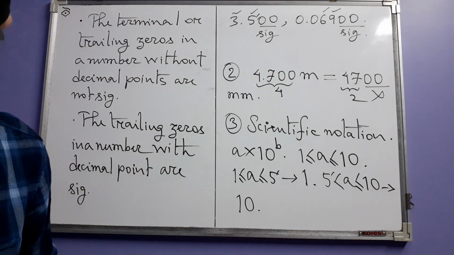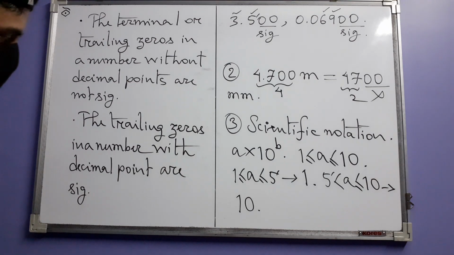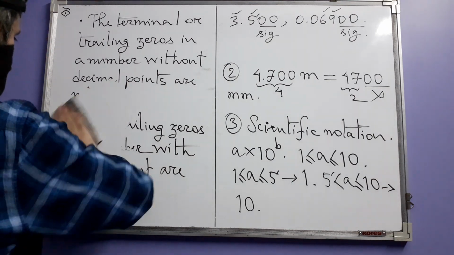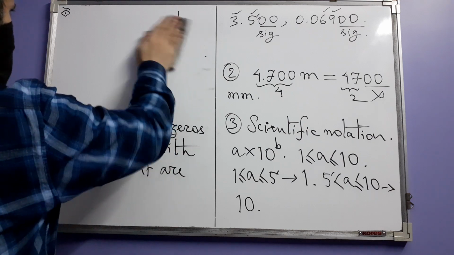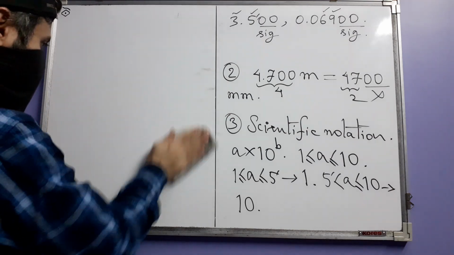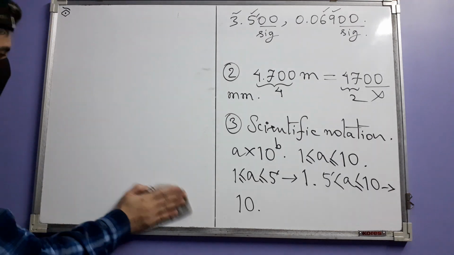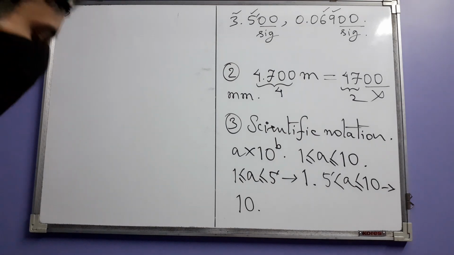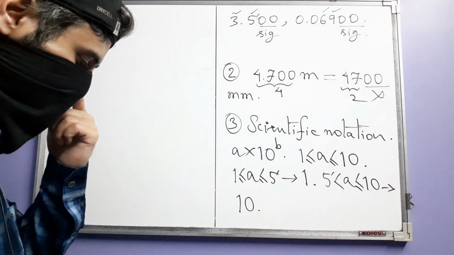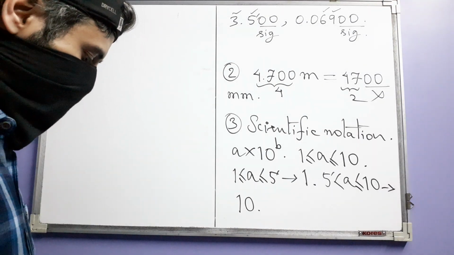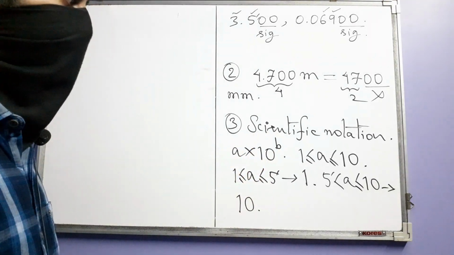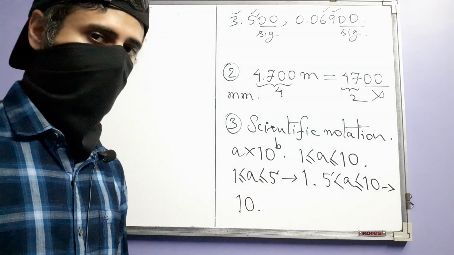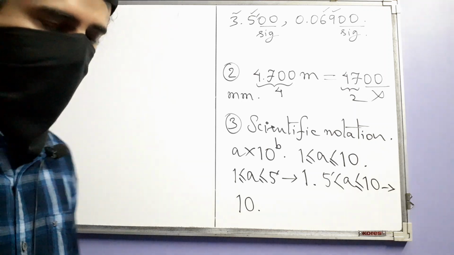And there is some other terminology also associated with this notation, which is this. This exponent b has a name. It is called the order of magnitude of the measurement.